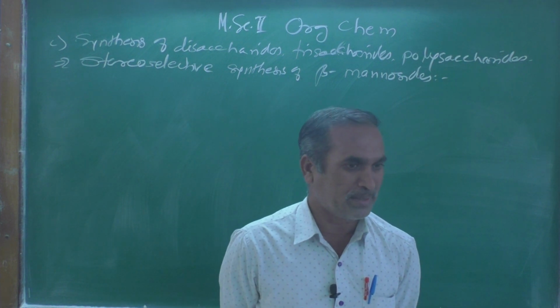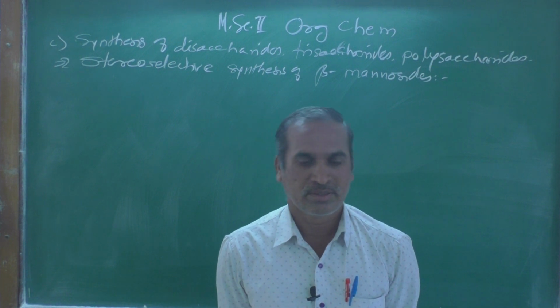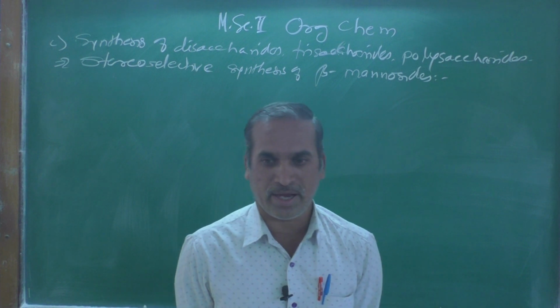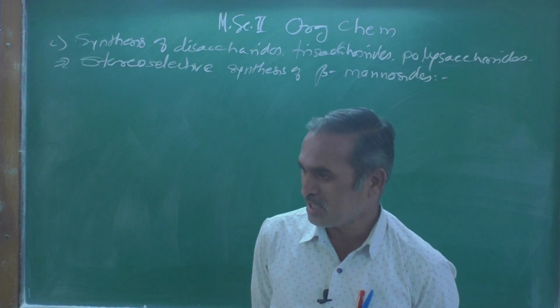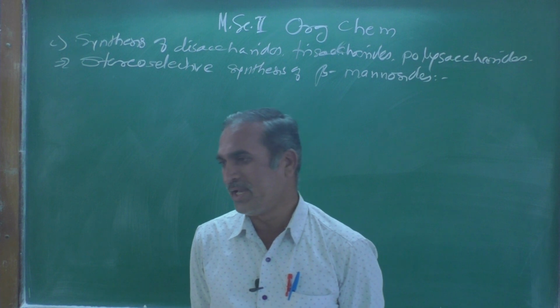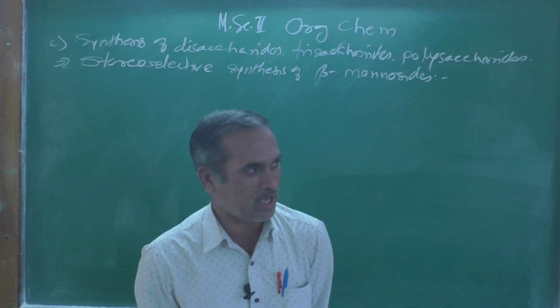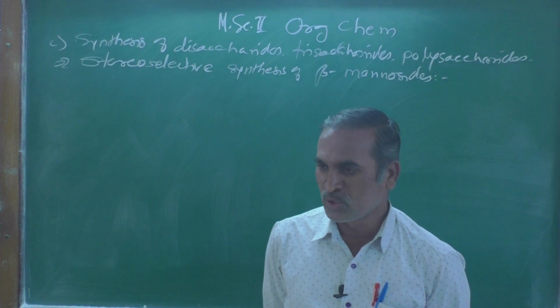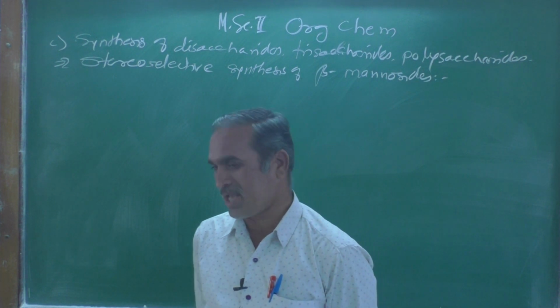carbohydrates, another name for carbohydrate is saccharide, and carbohydrates are mainly classified into three types: monosaccharides, oligosaccharides and polysaccharides.